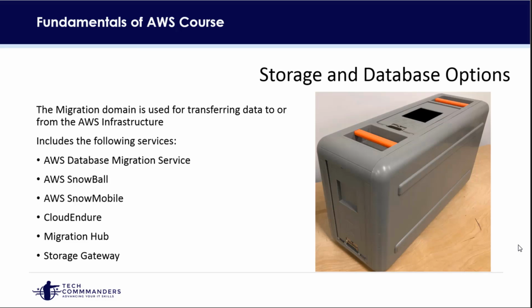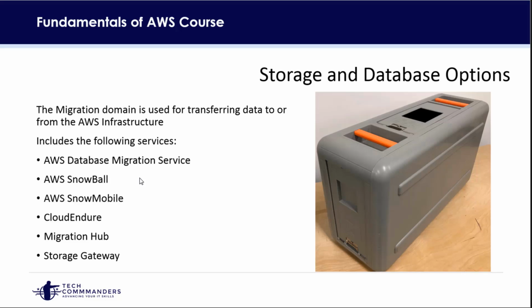And then we have a Snowmobile, and there's also, actually, I should say, a Snowball Edge as well. Now, Snowball Edge has greater scalability and better support. It does support clustering as well. Snowball doesn't. So right here, I just want to point out, there's Snowball and then Snowball Edge.